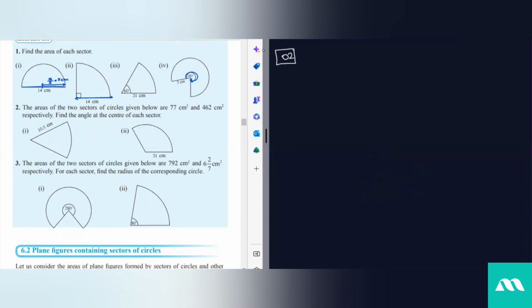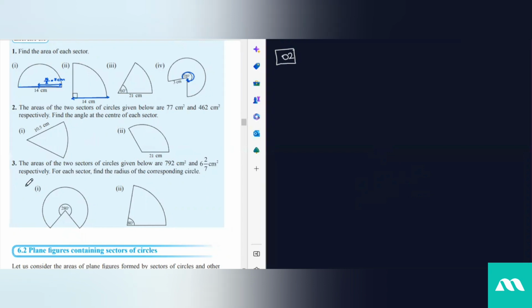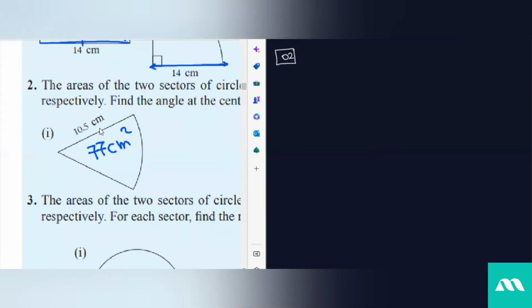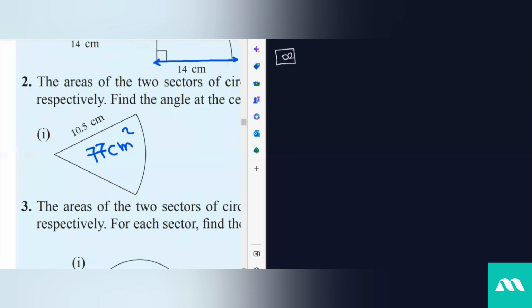Find the angle at the center of each sector. That means we are not given the angle at the center, but we are given the radius and the area of each of the sectors. Then for our easiness, we can put the angle at the center as theta.